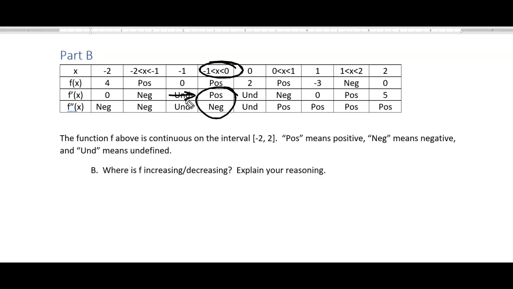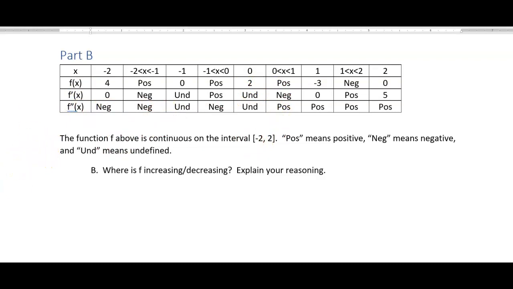But since the second derivative is negative, it's concave down. So concave down increasing would look something like that. The function is increasing, but it's bending in a downward direction. So for your guys' portion on the FRQ, you'll have to look at the f prime and f double prime simultaneously to be able to answer that question.